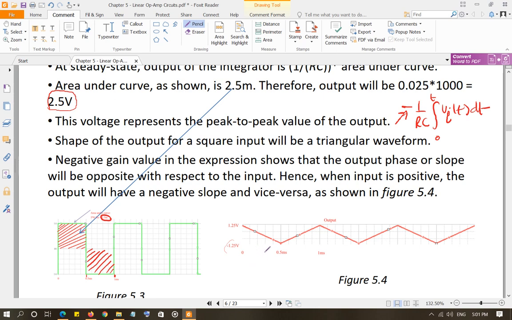Now again, if you simulate this in PSpice, you will see that you will get this waveform, but not at 0. The center line will not be 0; it's not going to be on the axis.